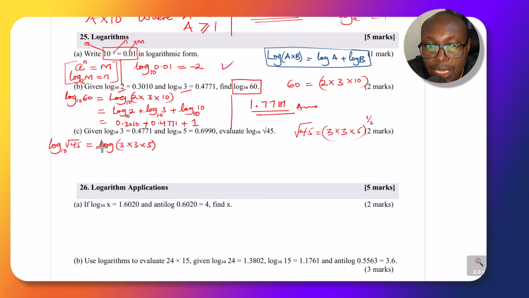And I want you to note this carefully, that the root of 45 is the same as 45 raised to the power a half. When you raise any number to the power half, that is the same thing as getting the square root. Now having known that, we can write this with a half, like that.